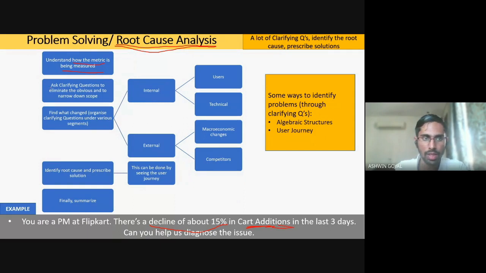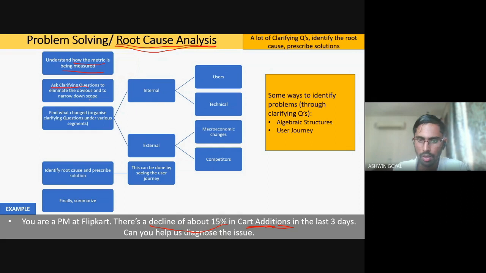Then ask clarifying questions to eliminate the obvious and to narrow down scope. These clarifying questions can be whether we are noticing the decline only in the app or the website version, or are we noticing this change in a particular geography, right? Since we are talking about Flipkart, it operates only in India as of now.